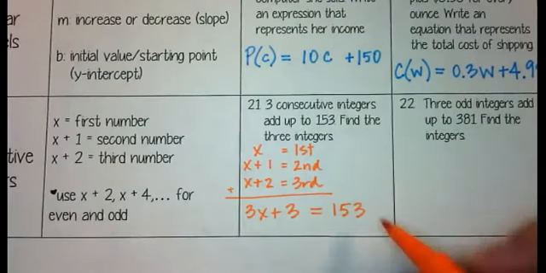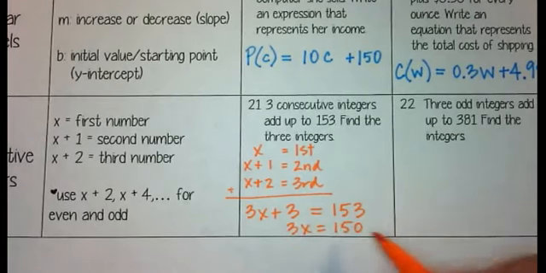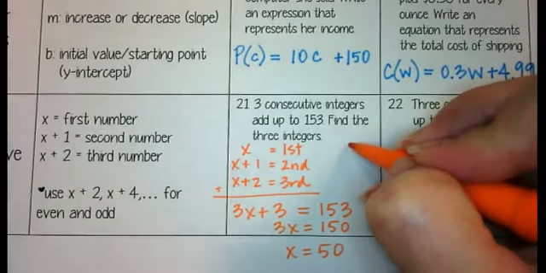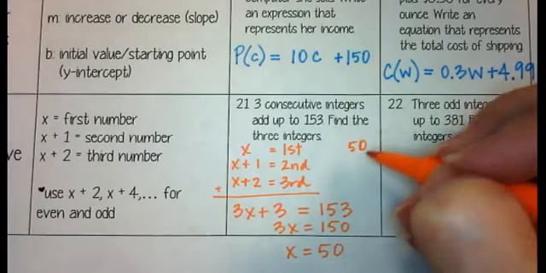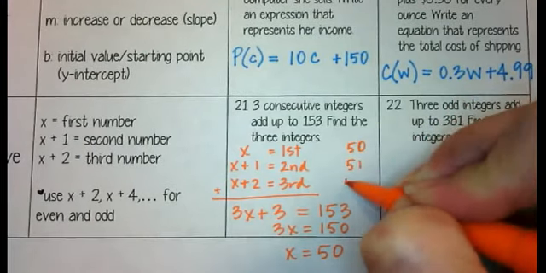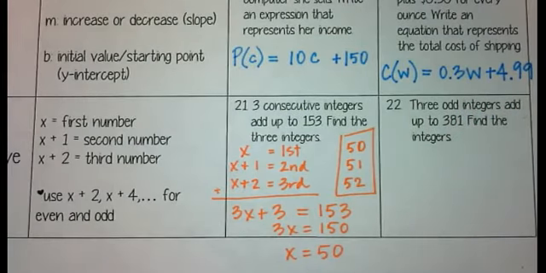So now to solve, we'd subtract 3 from both sides, divide both sides by 3, so x is 50. So our first number would be 50. The next one is 51, the third one is 52, and if you run a quick check, that adds up to 153.